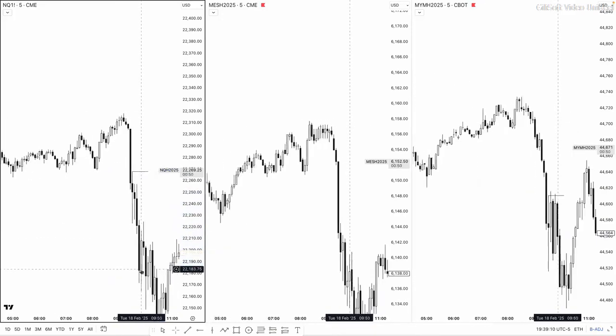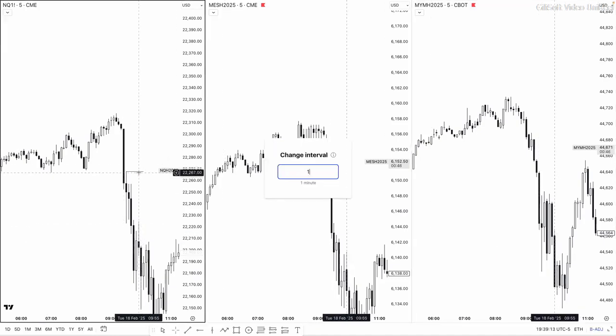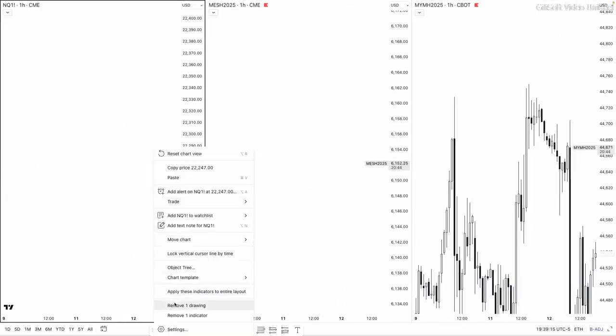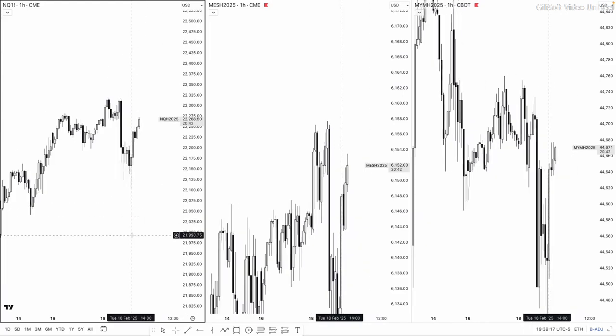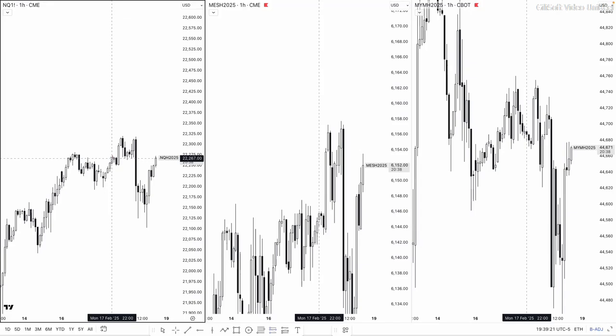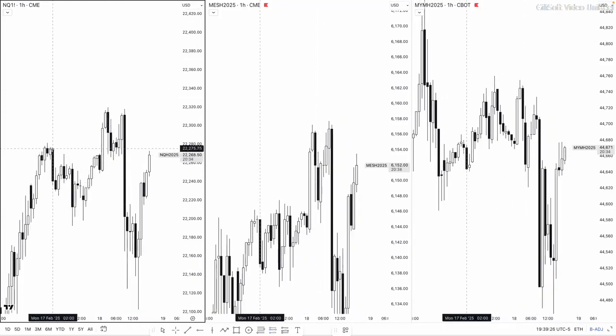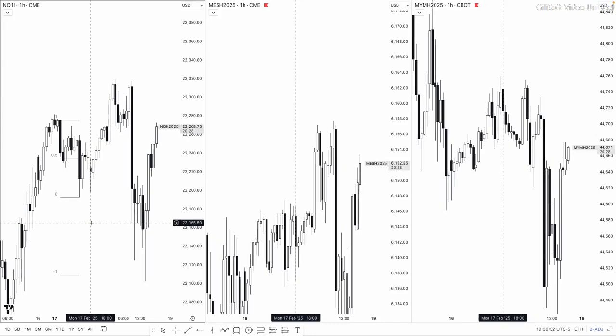In terms of where you could have had your drawn liquidity, if we use the defining range and we use it on the previous day, as we had a consolidation, it would be from here to here.